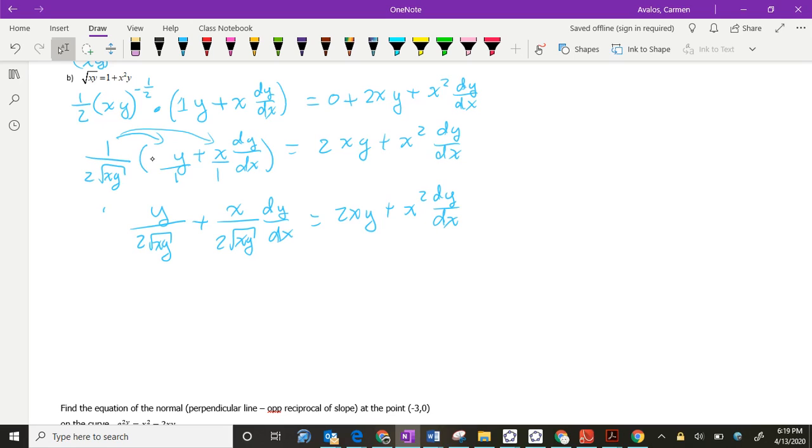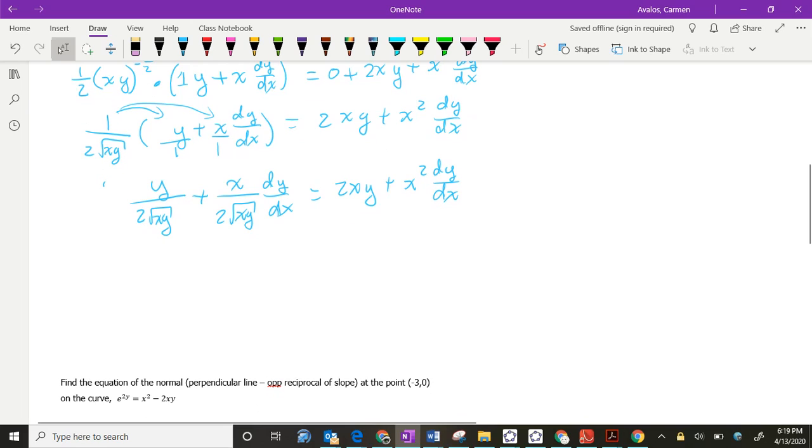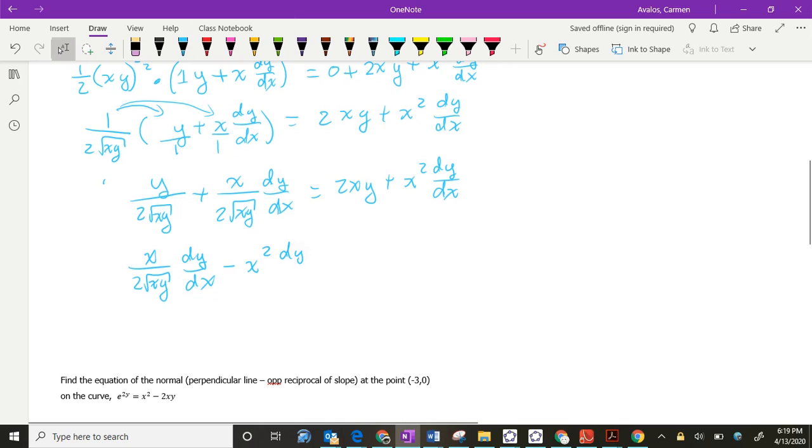My next goal now is that I got this out of the parentheses, so now it's a term in itself. This is a term in itself. So I'm just going to move this over, leave this one here, and move this one over so that I could have the dy/dx's on the same side. So what we're going to do is have x over 2 square root of xy dy/dx, and then I'm subtracting this one over to this side, so that's going to be dy/dx, and I'm going to move this one over to this side.